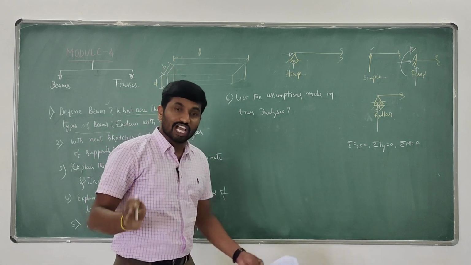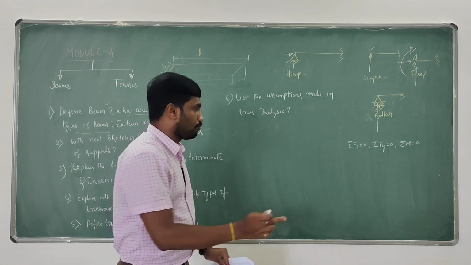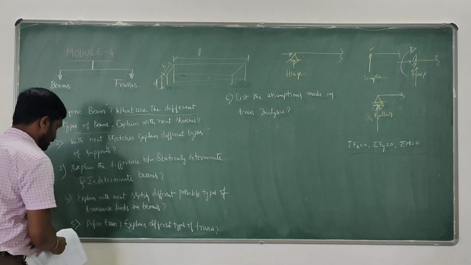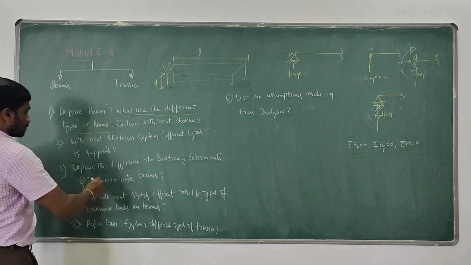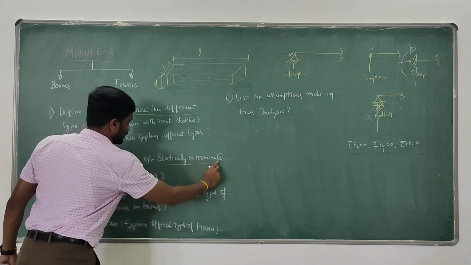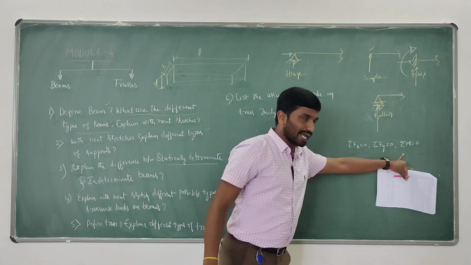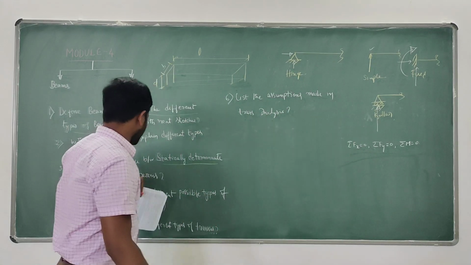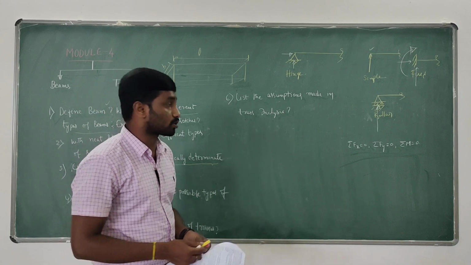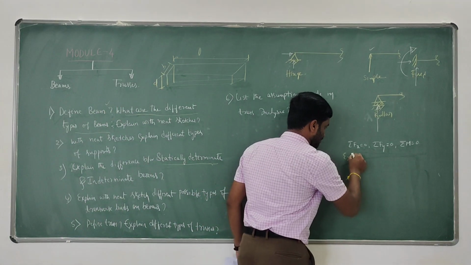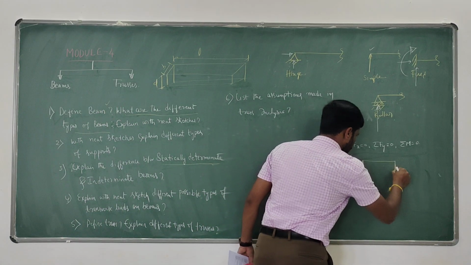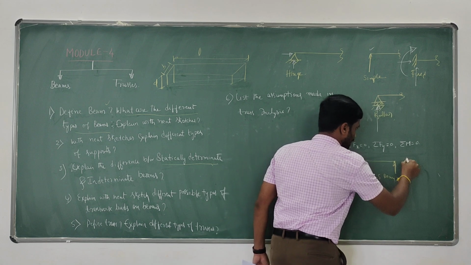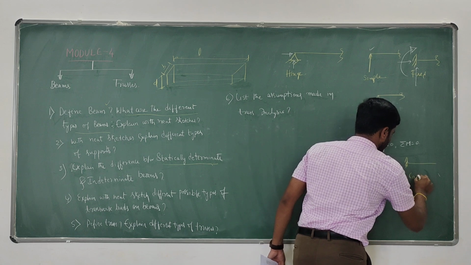The beam which can be analyzed with the help of these equations of equilibrium, we term as a statically determinate beam. What are the examples? Simply supported beam and cantilever beam.